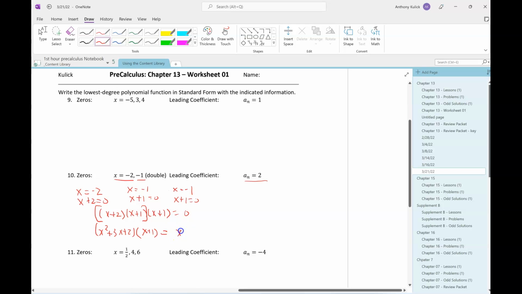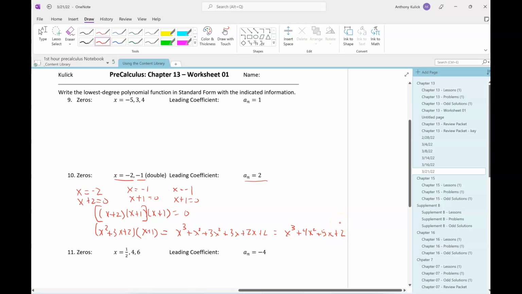So I get x cubed, x squared, 3x squared, 3x, 2x, and then 2. Combining my like terms, 3x cubed plus 4x squared plus 5x plus 2.